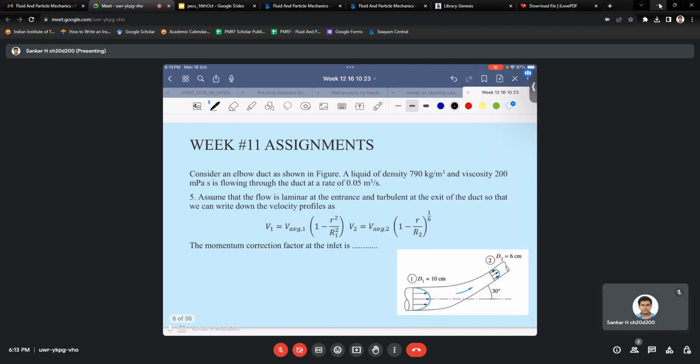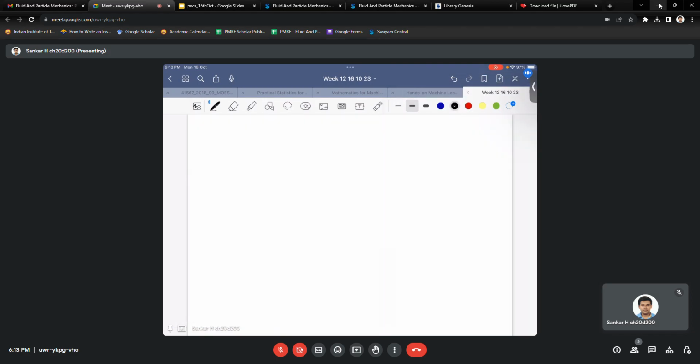What is the momentum correction factor? Beta is given by 1 by A integral of (u by V bar) the whole square dA.